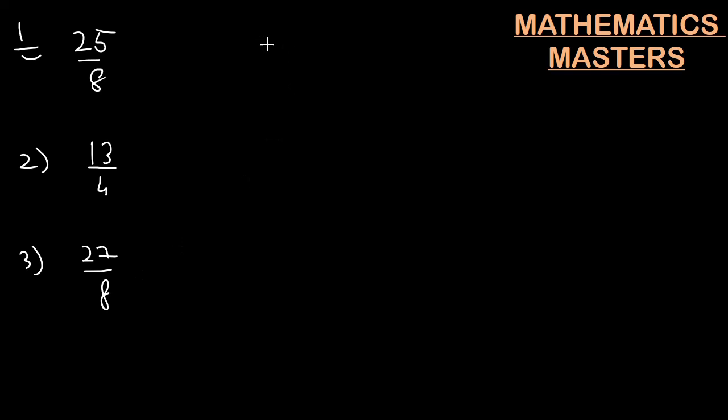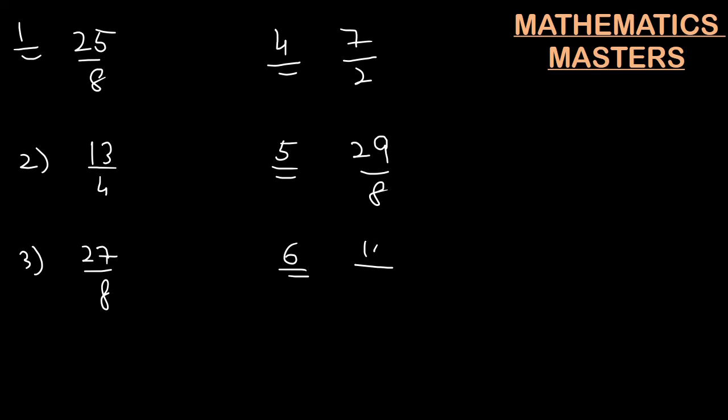The 5 rational numbers are, first one 25 upon 8, the second one 26 upon 8, which is 13 upon 4, then third one 27 upon 8, then fourth one 28 upon 8, which is 14 upon 4, which is 7 upon 2, then fifth one 29 upon 8, and then sixth one 30 upon 8, which I can write as 15 upon 4.